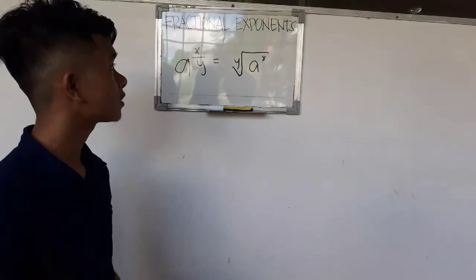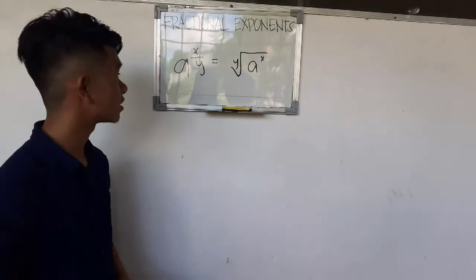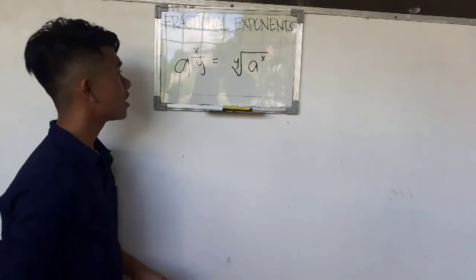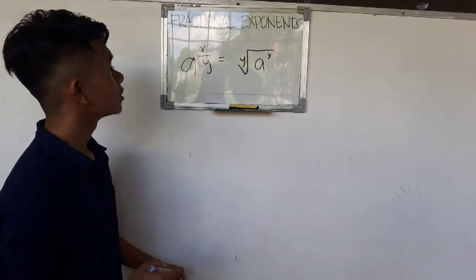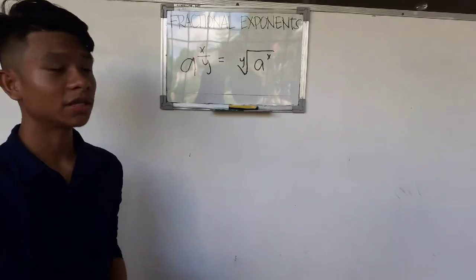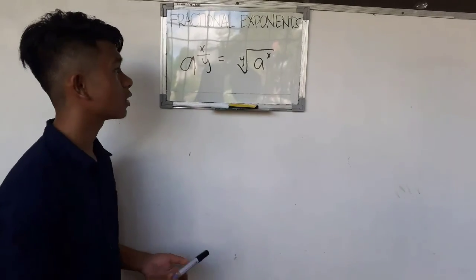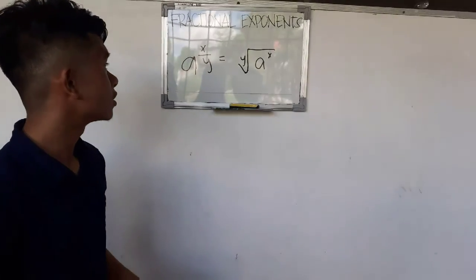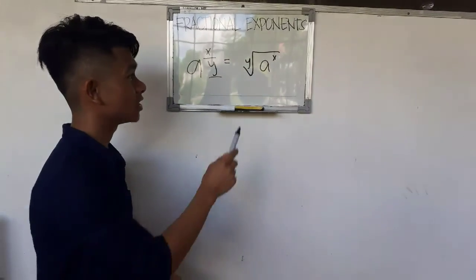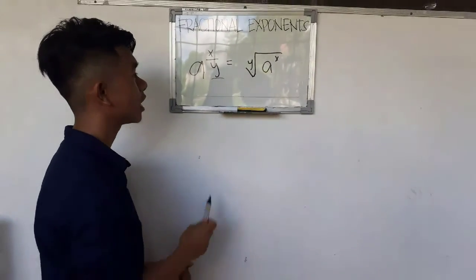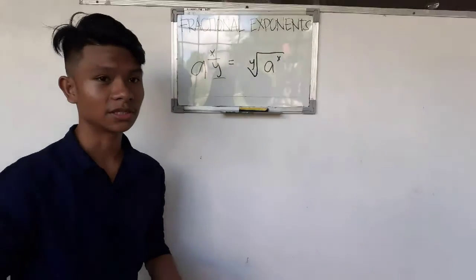The last rule is the fractional exponents. As we can see, the exponent of the base is in fractional form. So in order to simplify it, we need to change this into a radical expression. By changing it, the denominator is the index and the numerator is the exponent of the base.